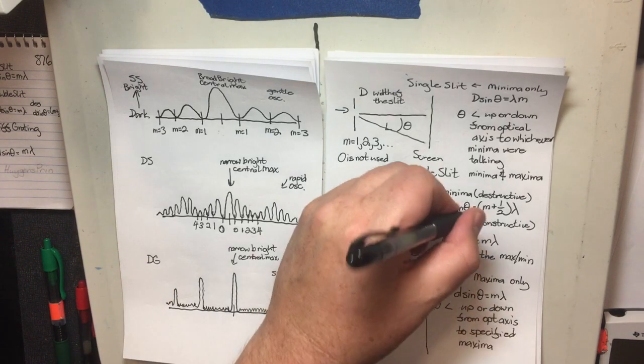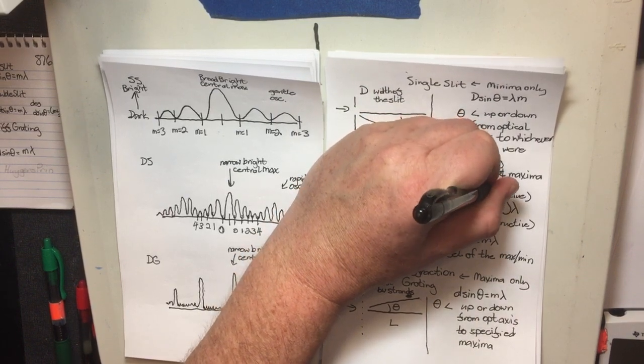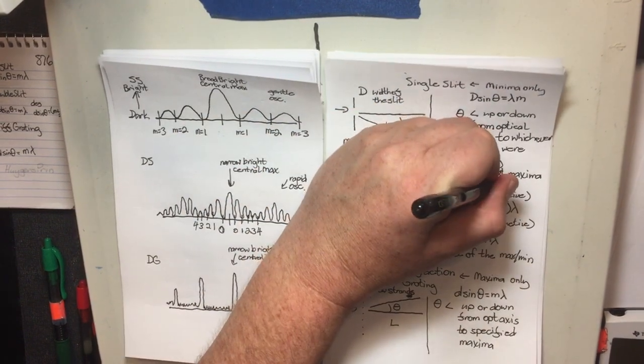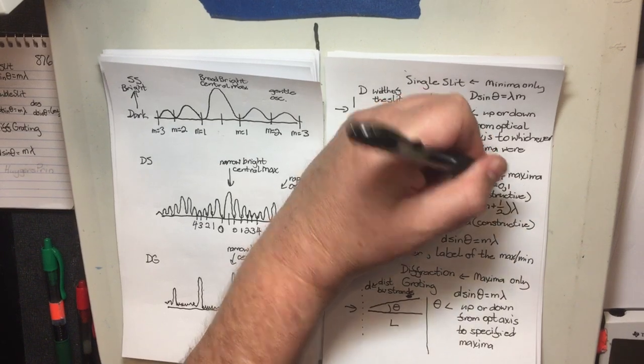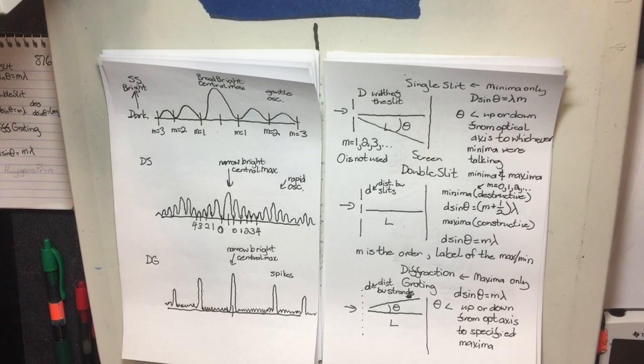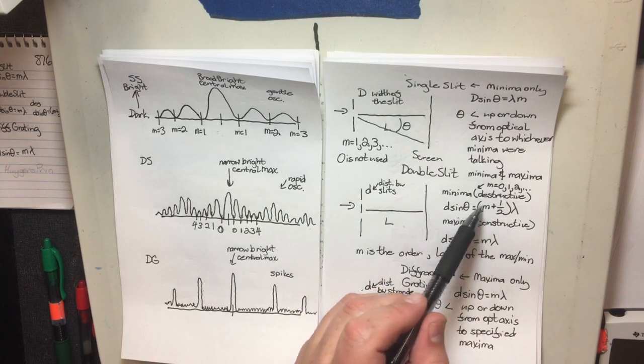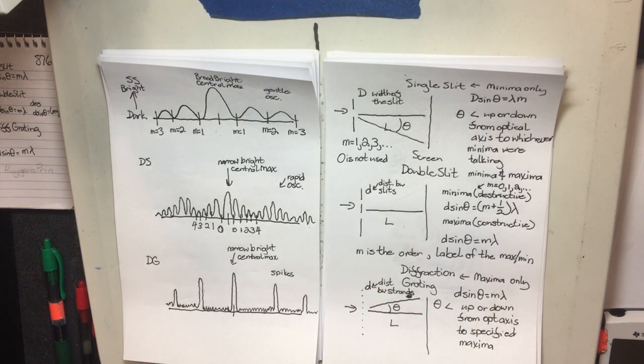So for the destructive, M is equal to 0, 1, 2, etc. Single slit, you don't use 0 for minima. Double slit, you do. The way that they get around it is they add a 1/2 in the derivation.